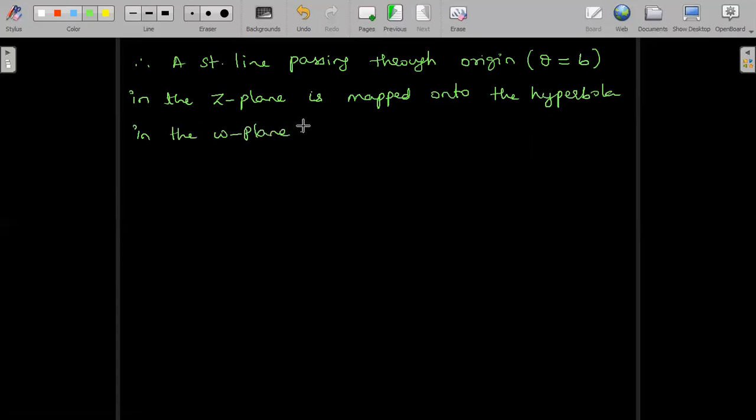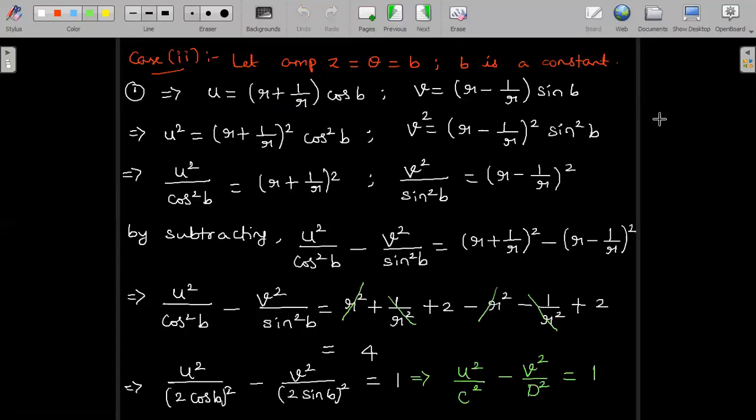So this is a transformation from Z plane to W plane. The straight line theta is equal to b. Let me tell you how theta is equal to b represents a straight line in the Z plane. We have x is equal to r cos theta and y is equal to r sin theta, right? Cartesian to polar representation. So when I divide y by x, I'll get the amplitude of z. So y by x is nothing but tan theta, and we have taken theta is equal to b. So that becomes tan b, which is some constant m.